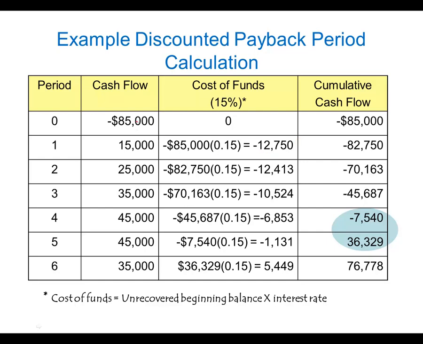This is the interest for the 85,000. Since this is the interest, I have to pay this first. So the 15,000 will pay 12,750, and what's left will go towards the principal value.